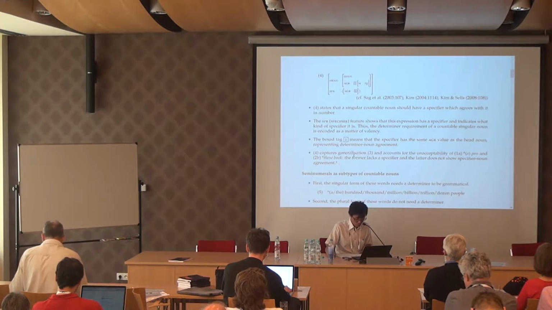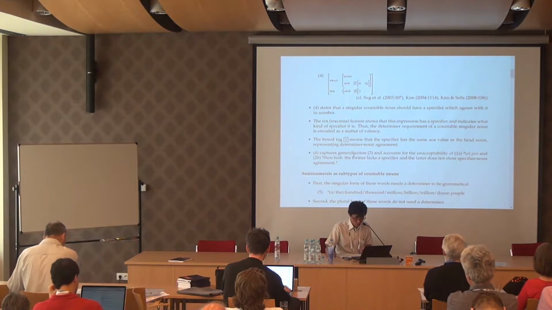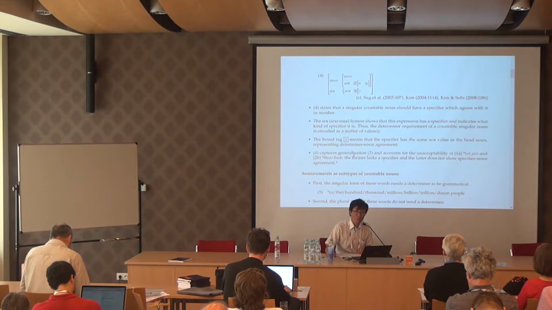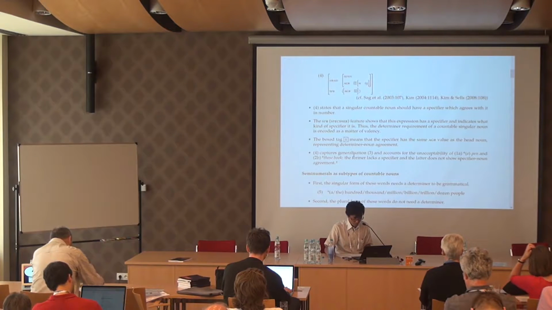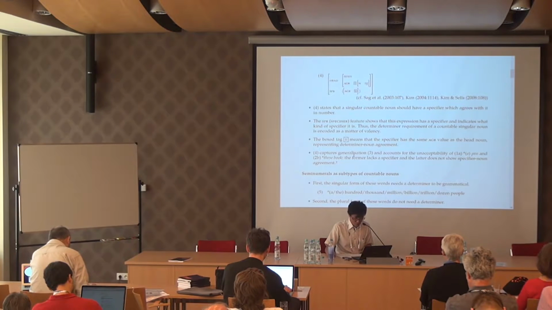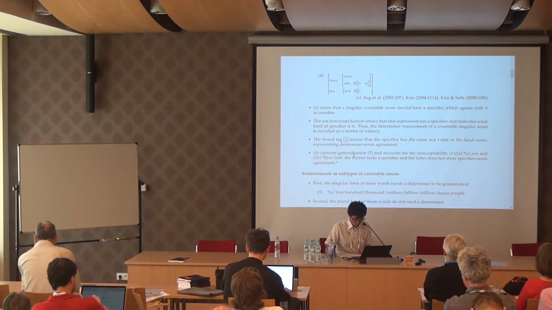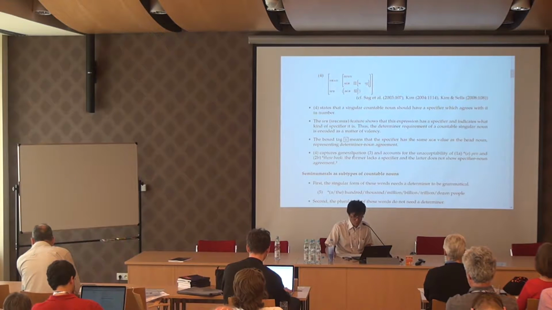So overall, 4 states that a singular countable noun should have a specifier which agrees with it in number. So it captures the generalization in 3 and accounts for the ungrammatical NPs in 1a, because 1a lacks a specifier, and 2a and 2b do not show determiner-noun agreement.